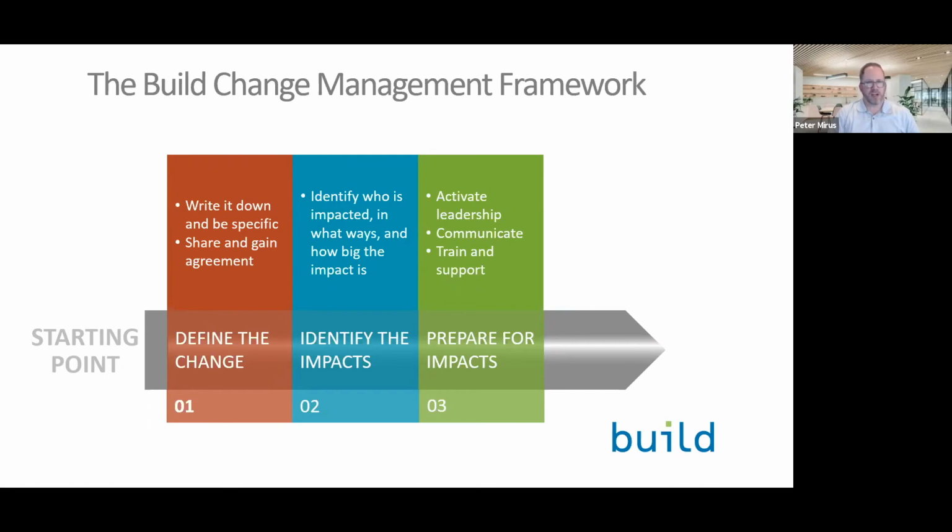But without the prior two steps of making sure that we define exactly what the changes are that are coming with the new system, and identifying who is impacted in what ways and how much, it becomes very difficult to really dial in on how specifically the leadership needs to be activated. What are the key issues, the key points of emphasis?